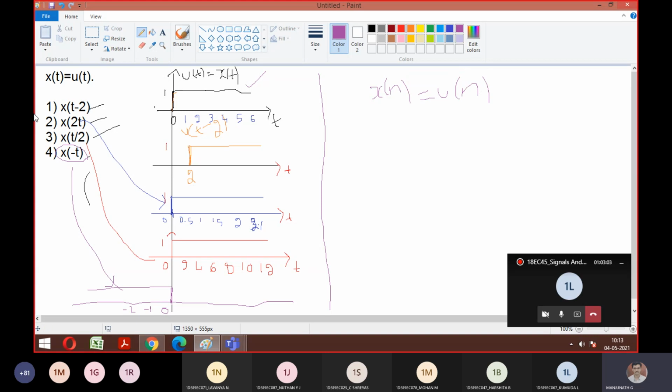Perform x of n minus 2, x of 2n, x of n by 2 and x of minus n. We'll get an idea how it looks if it is discrete also. Same procedure you should follow for this also. Is it okay? Will you finish this, everyone? Yes, finish that.